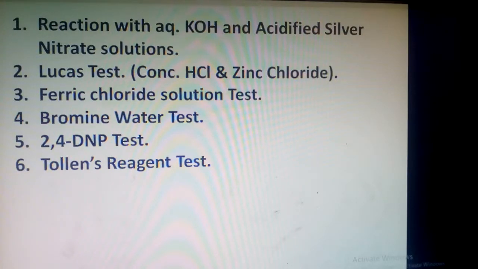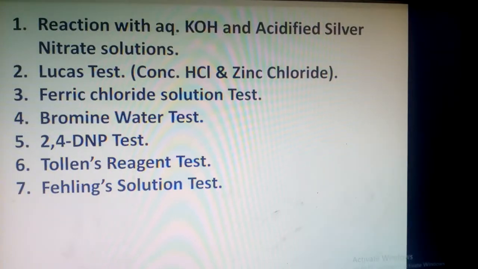Similarly, the 6th test is Tollens reagent test. It is used to identify aldehydes or distinguish aldehyde from other functional groups. Fehling's solution test is used to identify aliphatic aldehydes. Then we have the iodoform test, a very important test.